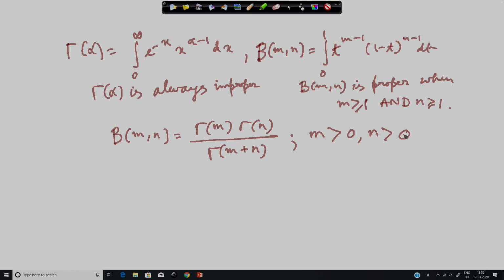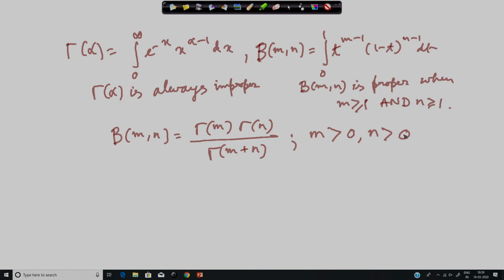In higher studies, if you study complex analysis, there is a topic called analytical continuation. There, in the complex plane, it can be shown that due to the property of analytical continuation, it can be defined. But for our purpose, I am repeatedly telling that you must take m and n greater than 0.